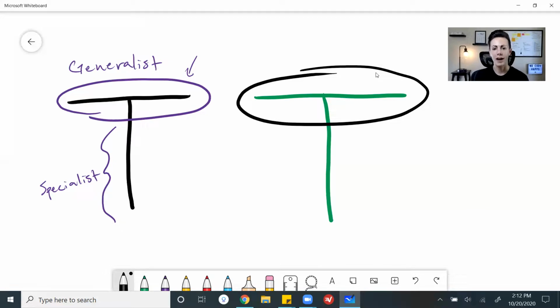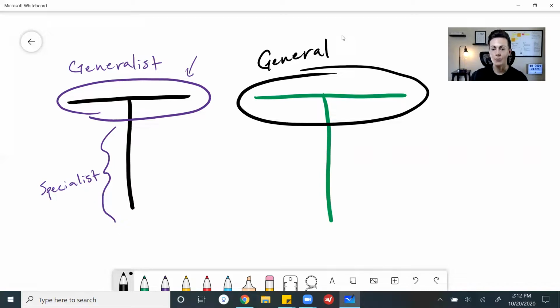You have that general knowledge. Okay. Now, again, we're not looking at the business progression. We're just using the same model. So you don't have to have a business that falls into this generalist section. You have the general knowledge.